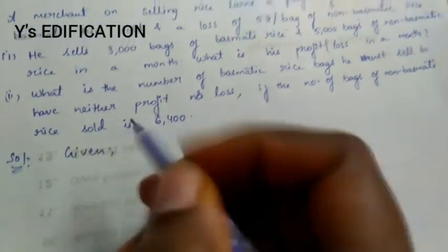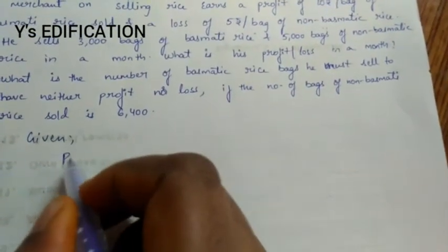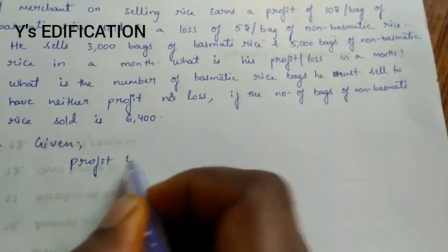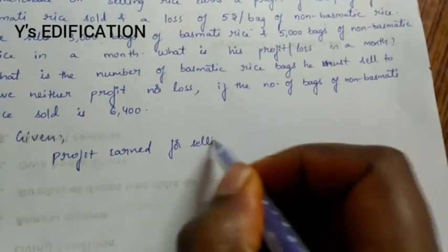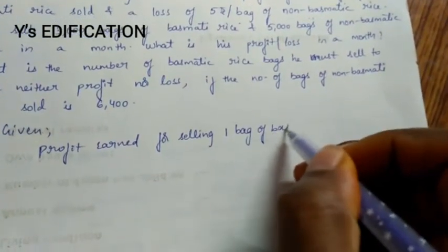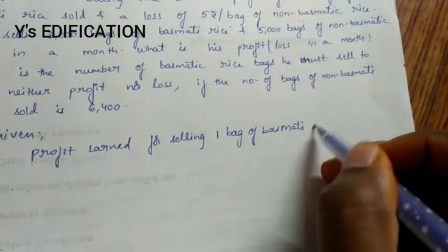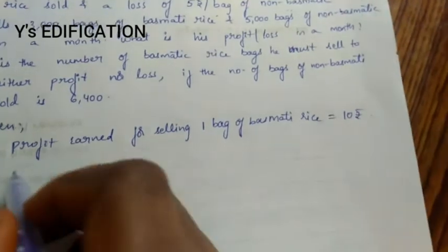So what is given in the question? Profit earned for selling one bag of basmati rice is 10 rupees. Okay.